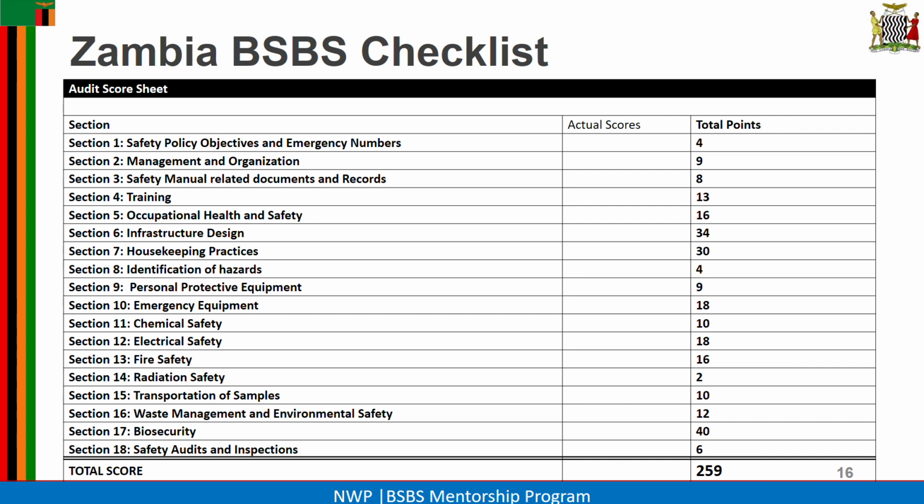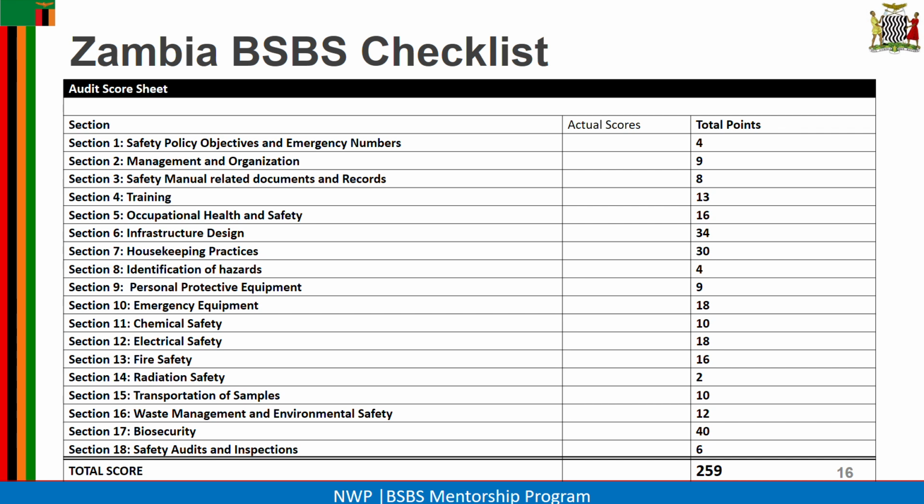So let's look at another checklist, which is mostly concentrated on biosafety and biosecurity, and will not speak to the other quality system essentials.